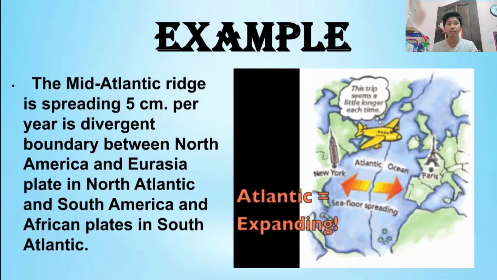An example is the Mid-Atlantic Ridge, which is spreading 5 cm per year. It is the divergent boundary between the North American and Eurasian plates in the North Atlantic and the South American and African plates in the South Atlantic, causing the Atlantic to expand through seafloor spreading. Since the Atlantic is growing and gaining area, another ocean must be losing area.